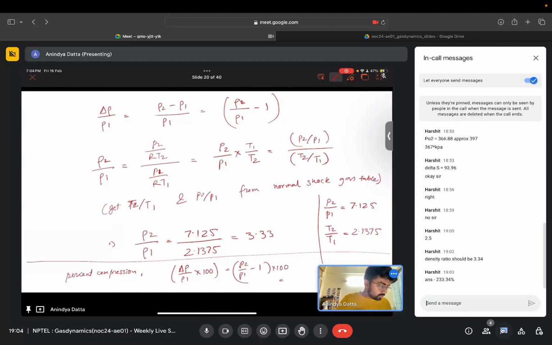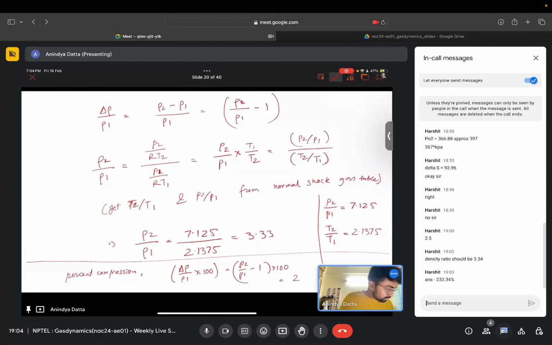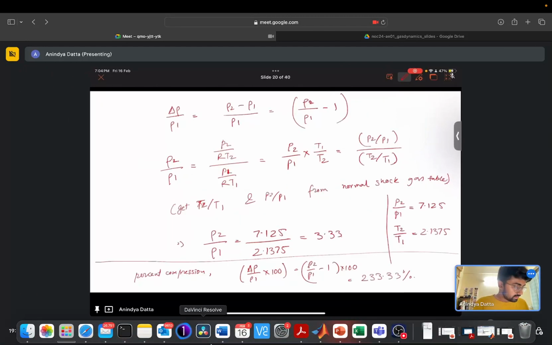So this is 2.33 into 100, so 233.33%. All right, so this is the percentage compression. I guess this is clear.